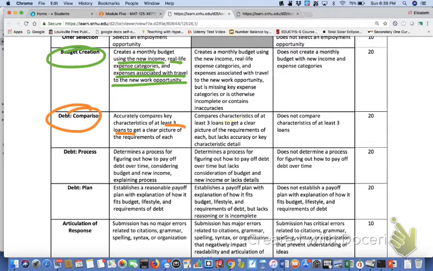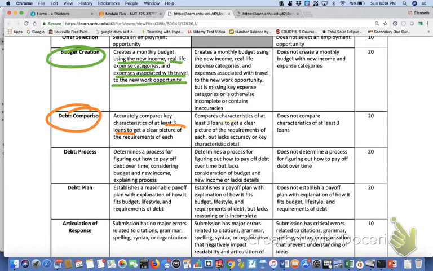What are the expenses associated with travel to the new work opportunity? Or you could say you've decided to relocate. What were the expenses associated with that? So as long as you've got some expenses associated with travel in some way, shape, or form to that new work opportunity, that's okay. But there's got to be something in there associated with travel.